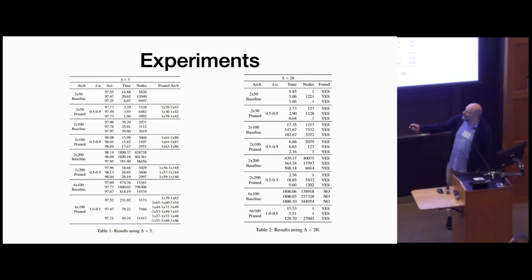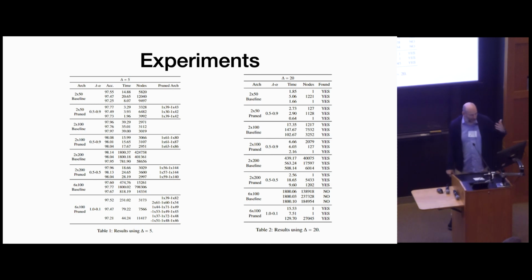And what you can see is the effect of using this pruning in Gurobi. Here you can see a small network with 2 layers and 50 nodes per layer. It has a very good accuracy and can be solved by Gurobi in roughly 10, 15, 20 seconds.